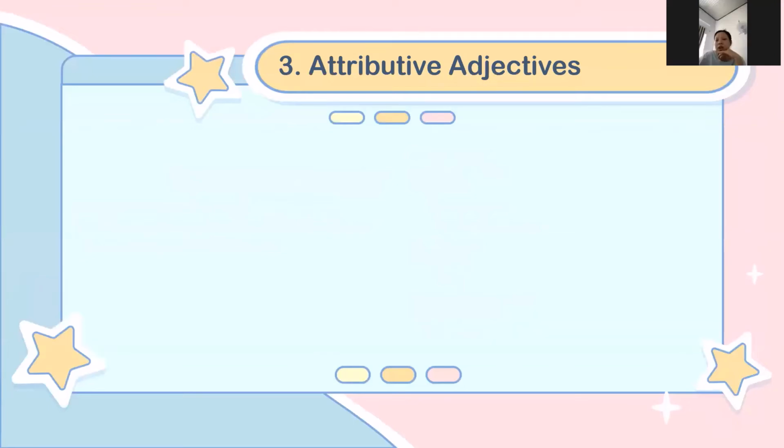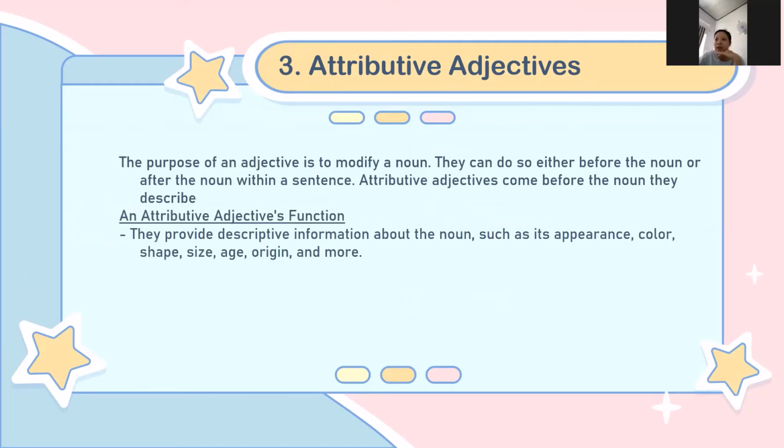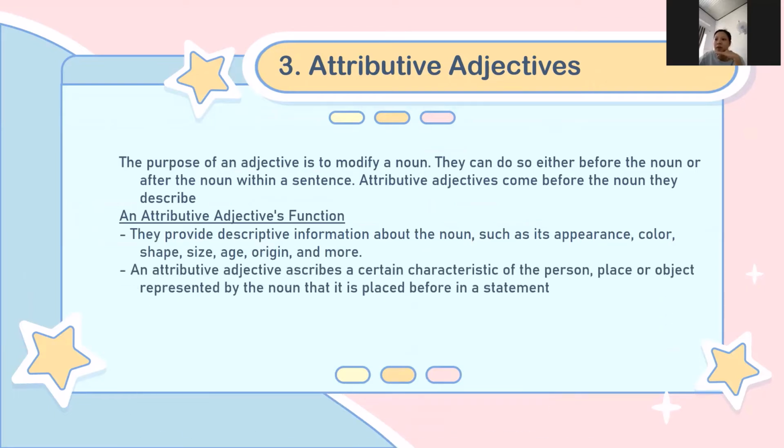Next, I will talk about attributive adjectives. The purpose of an adjective is to modify a noun. They can do so either before the noun or after the noun within a sentence. Attributive adjectives come before the noun they describe. An attributive adjective's function is, first, to provide descriptive information about the noun, such as its experience, colors, shape, size, or more.